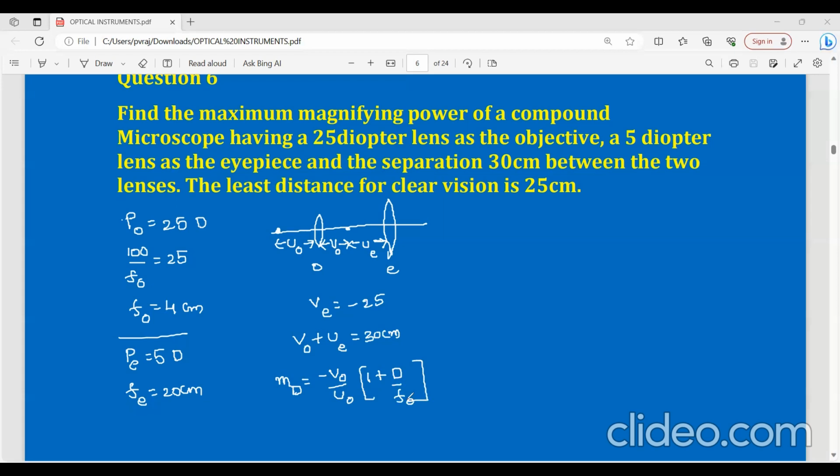This is the formula we have, and you have to substitute all the values there. But directly we don't have the values of VO, UO.